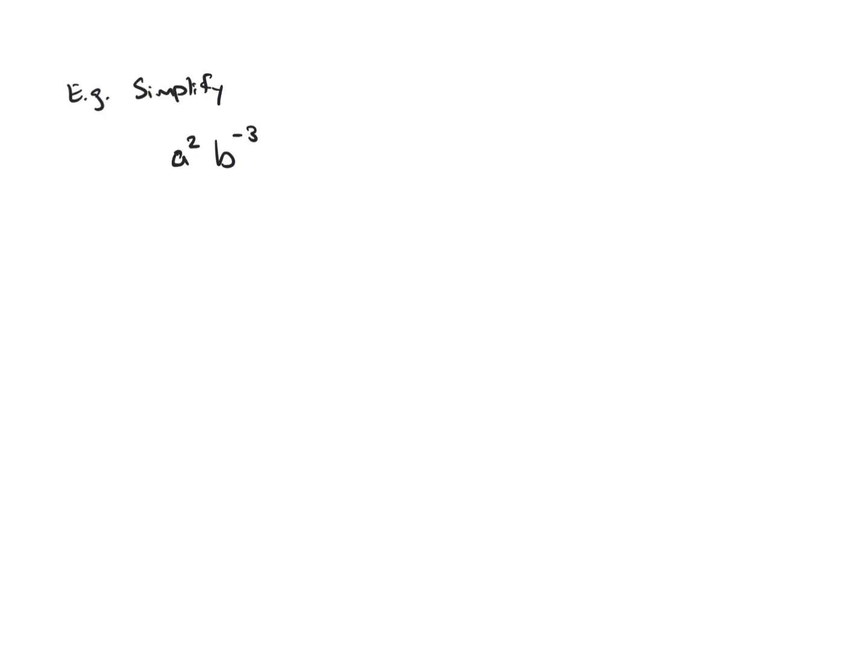Now, I'm going to change the instructions too. That's probably not the best wording for instructions, so I'm not going to say simplify. I am going to say rewrite using positive exponents only. Rewrite the expression using positive exponents only. This will be my first example.